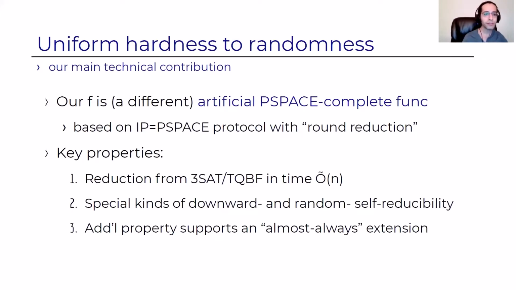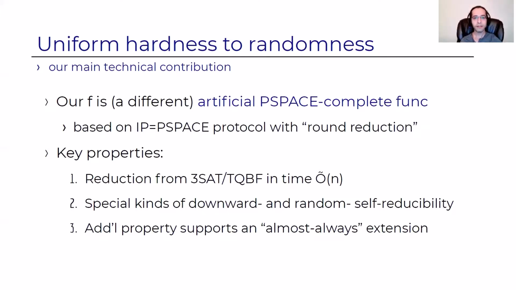And to mention just very quickly what's going on, so our function f will be a different artificial P-SPACE complete function. And the original function of Trevisan and Vadhan was based on the IP equals P-SPACE protocol. And our function is also based on this protocol, but in a condensed form, with only polylog n rounds and with some modifications.